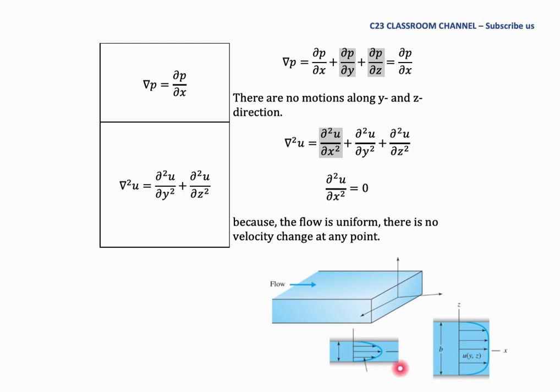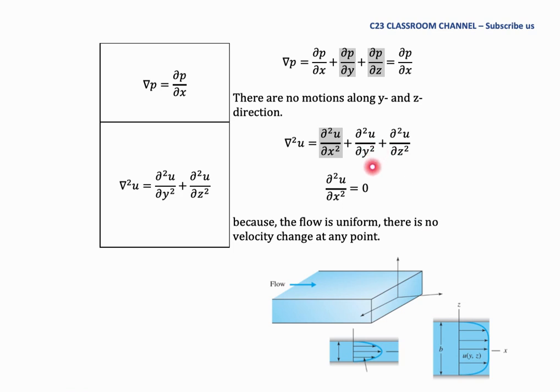Yes, the velocity profile is a curve like this, but at any point here the velocity is steady, so del u over del x is equal to 0. There is no change of velocity along the x direction.